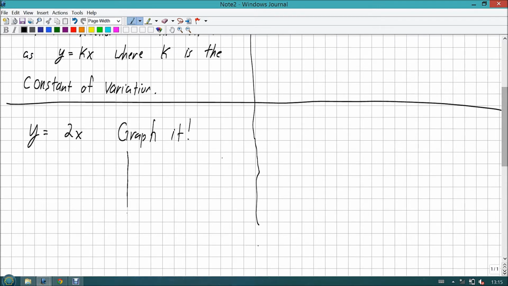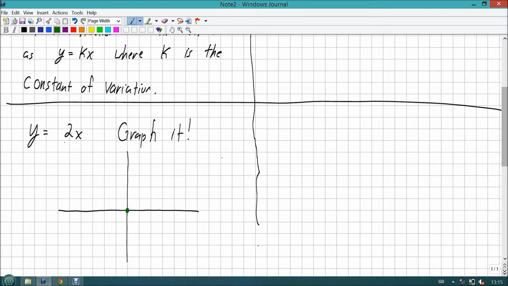And for those of you who have done this many, many times before, well, guess what? You get to do it many, many times more until you have it down perfect. Our starting point will always be at the origin, 0, 0. That's why it's called the origin, because that's where you originate at.